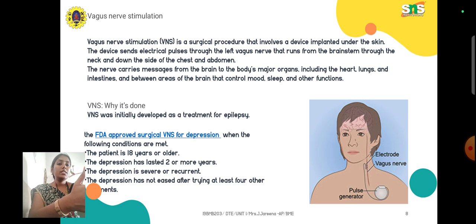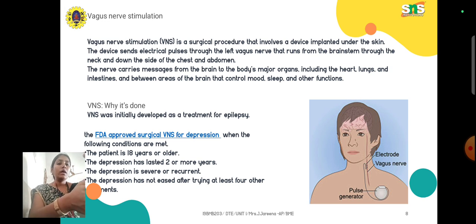The first condition is that the patient should be 18 years or older, the depression has to have lasted at least 2 to 4 years, the depression is very severe and recurrent, and the depression has not eased after trying at least 4 other treatments. As I said before, we can't go with this particular treatment right away, because it is a very crucial and complicated kind of treatment.